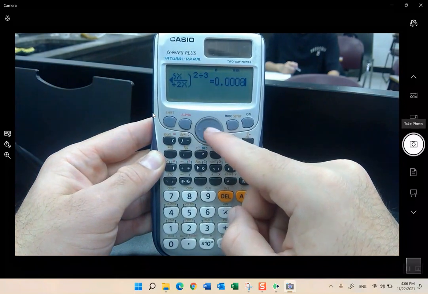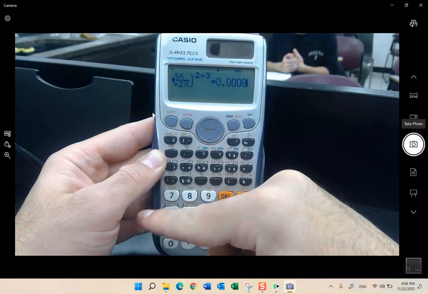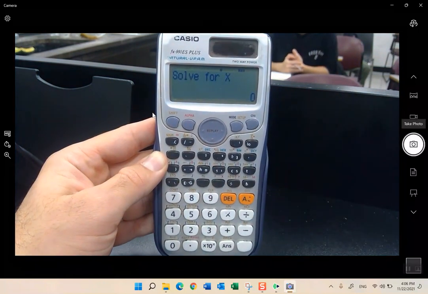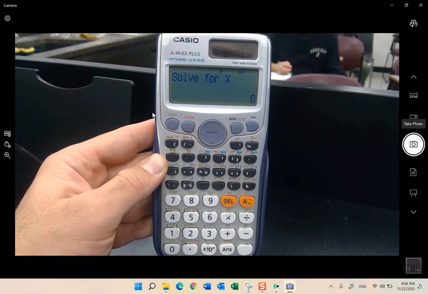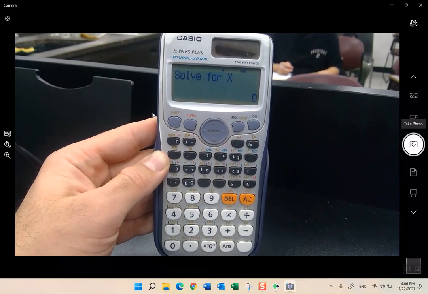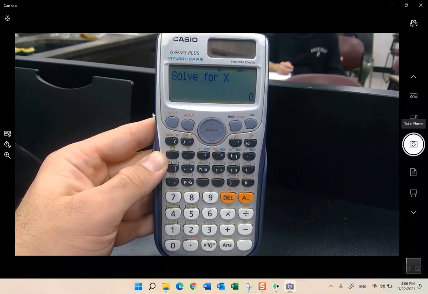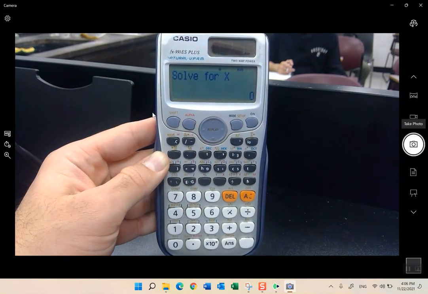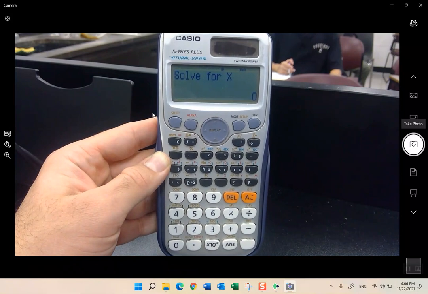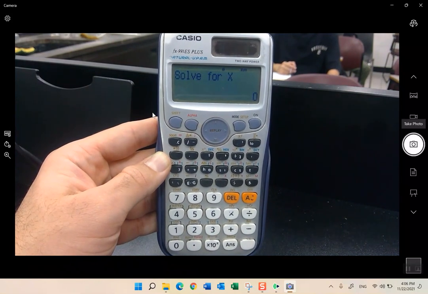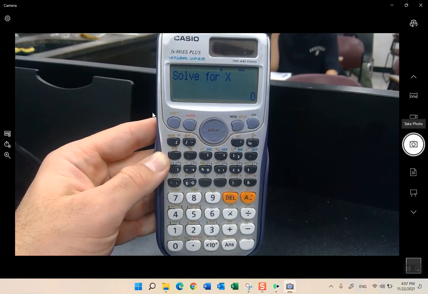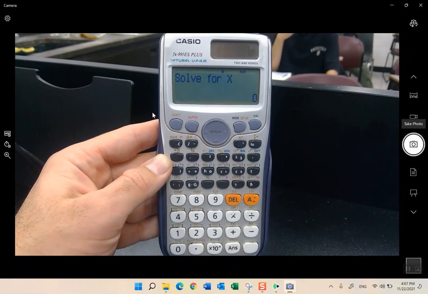So now I have my equation written, and what I want is to get the value of x. To solve the equation, you will press shift and this button here, and it will ask whether you want to solve for x. Of course I do. And what it actually does is the same as the trial and error approach. It asks you for the first guess, in case you know the approximate value of y. Of course we don't know it, so I will accept 0 as the first guess.